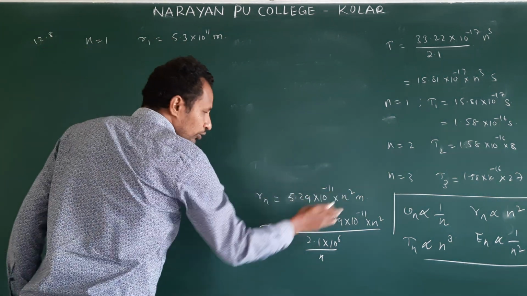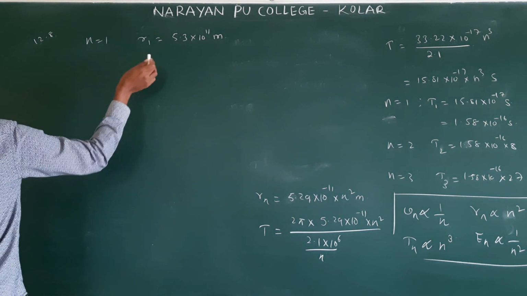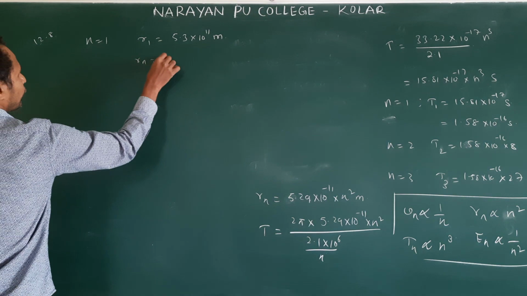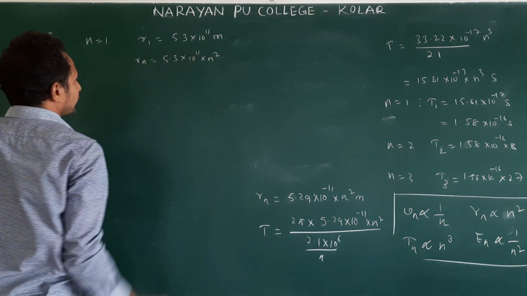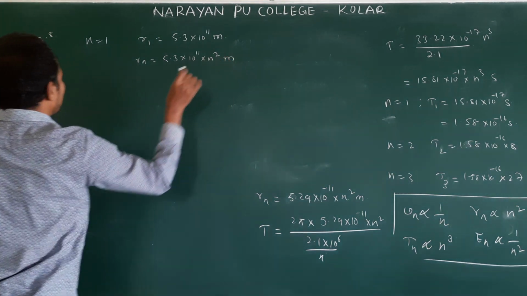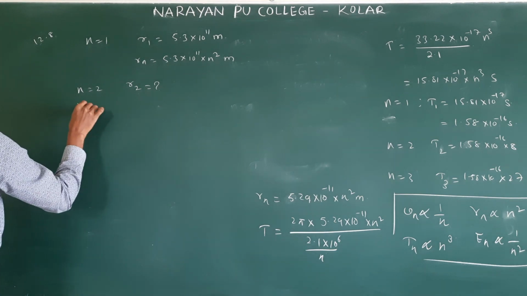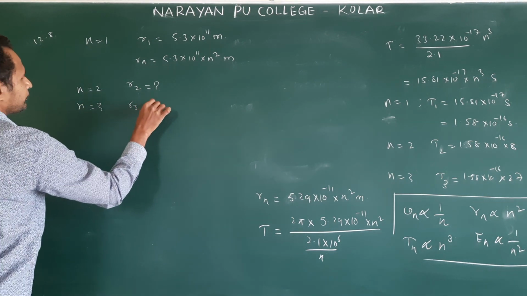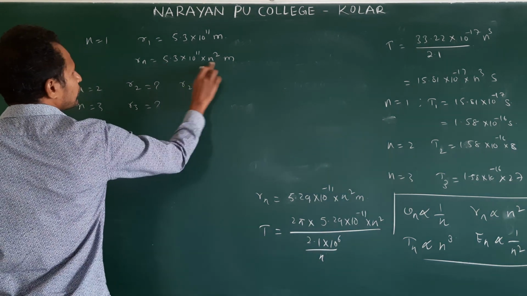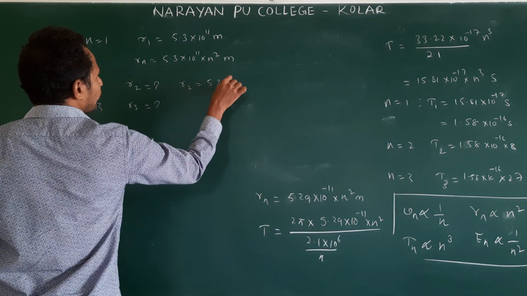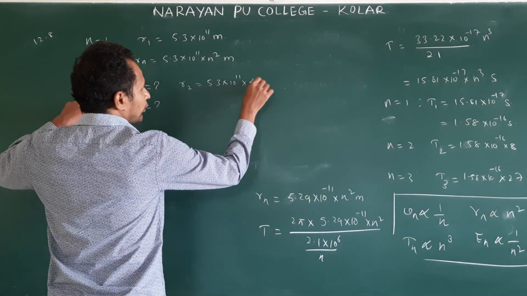Because n square is 1. Clear? How do we write this for the rounded off answer? Rn is equal to 5.3 into 10 power minus 11 into n square meters. They are asking when n is equal to 2, what is R2? When n is equal to 3, what is R3? How do you calculate R2 using this formula? 5.3 into 10 power minus 11 into n square, 2 square, 4.